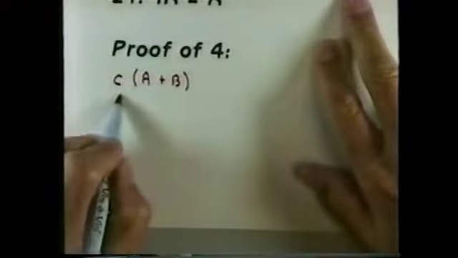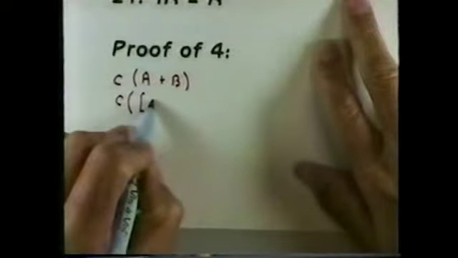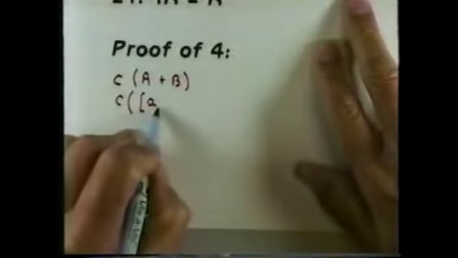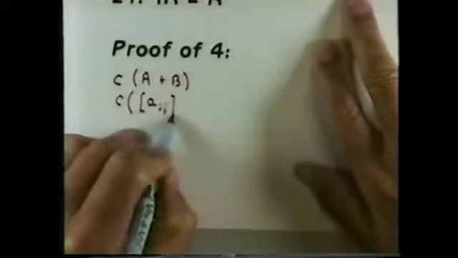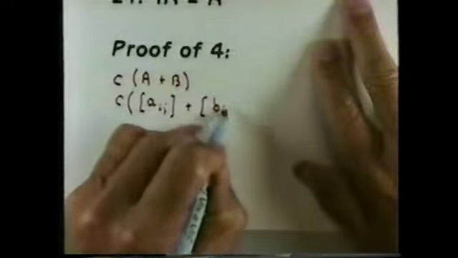Well, I can rewrite this as C times, and I can write A as a matrix consisting of the Aij's and B as a matrix consisting of the Bij's.